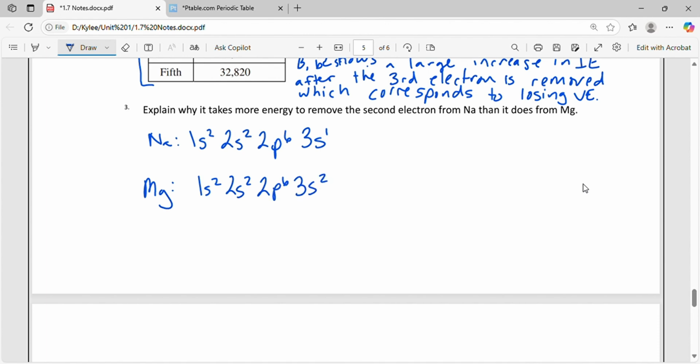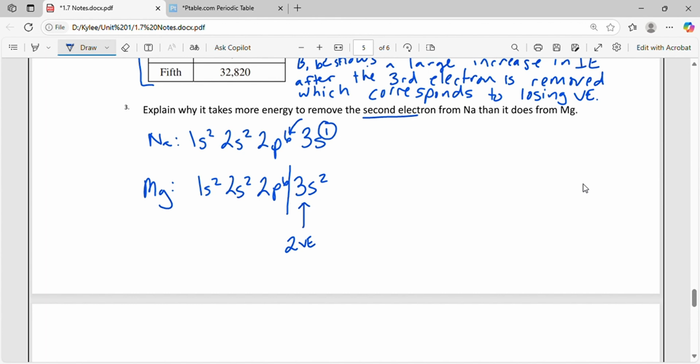So removing the second electron would still be from the valence electron shell in magnesium. And so it's still pretty far from the nucleus because they're both still in that third energy level. Whereas sodium, to remove 1 electron would be from the valence shell, but the next one would actually come from my p orbital. And that is going to show an increase in the ionization energy because it is closer to the nucleus.